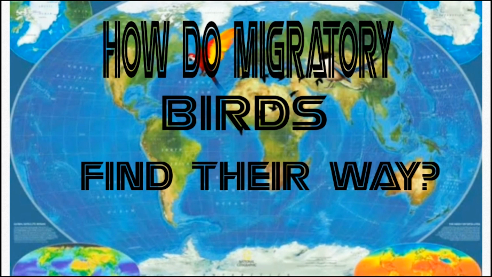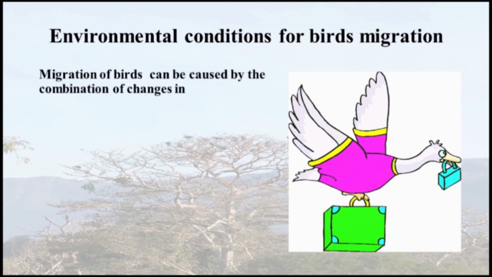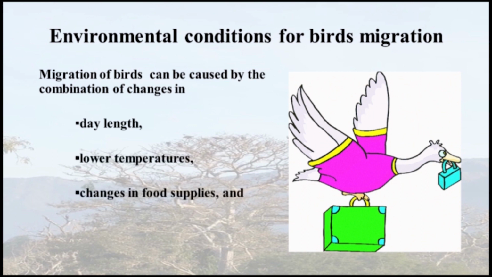How do migratory birds find their way? Environmental conditions for birds' migration. Migration of birds can be caused by the combination of changes in day length, lower temperature, changes in food supplies, and genetic predisposition.